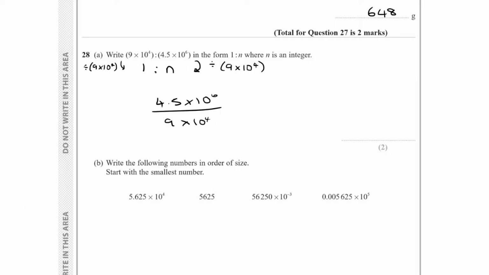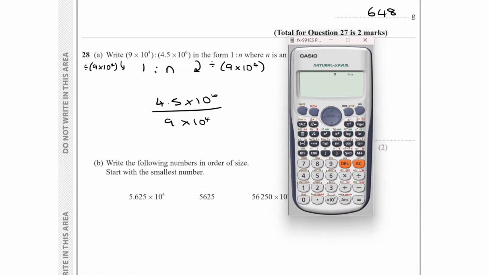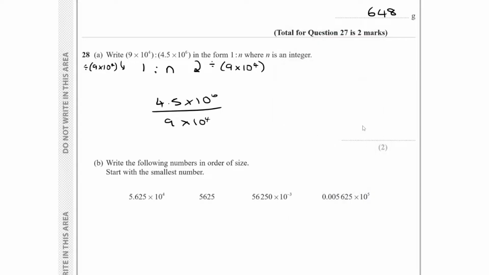It's meant to be a 4, there we go. 4.5 times 10 to the 6, and then 9. You can obviously convert them to ordinary numbers if you want, but I feel like you don't really need to. And it gives me 50. So technically that's 1 to 50. That's it. 1 to 50.